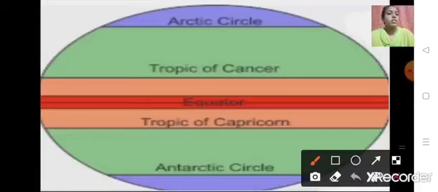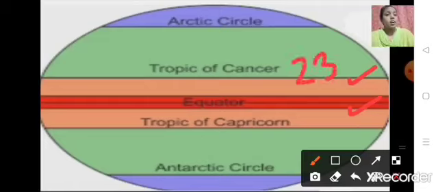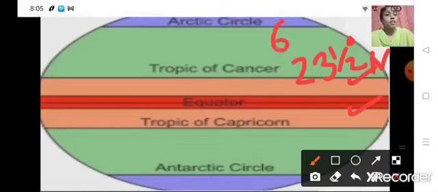With the help of the diagram, let us understand in a better way. Here is equator at 0 degree. In the northern hemisphere, we have Tropic of Cancer at 23.5 degrees north. Then Arctic Circle at 66.5 degrees north.